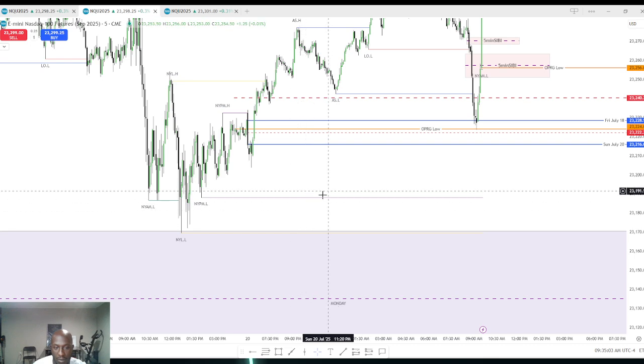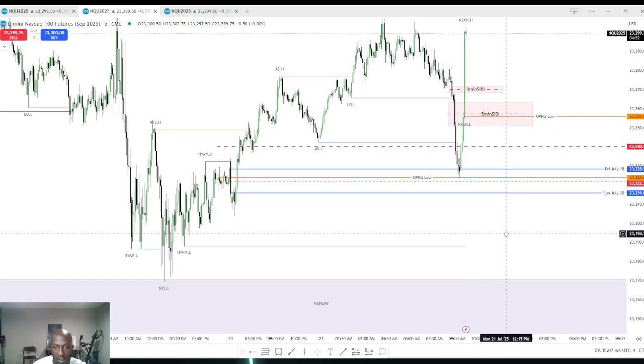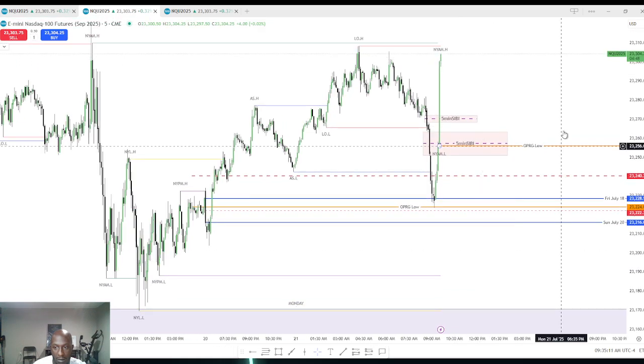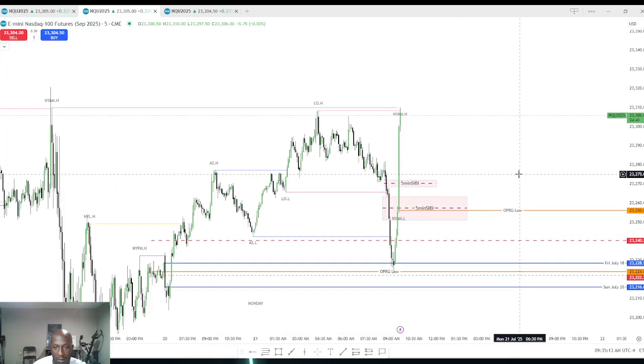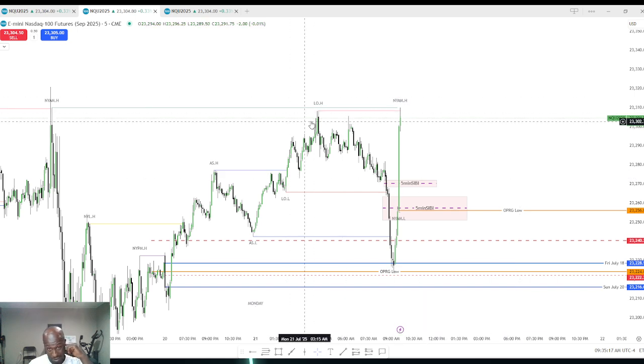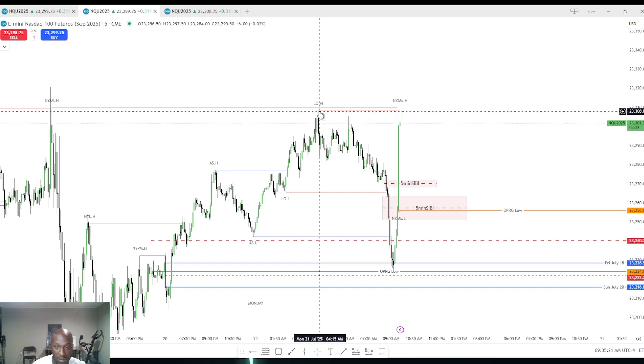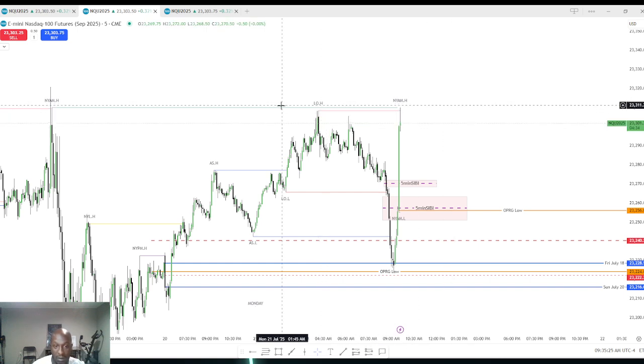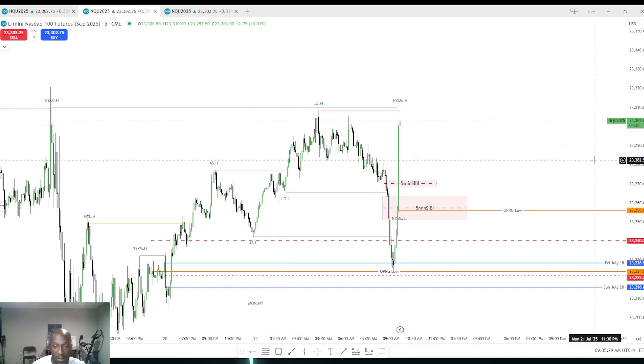You got the New York PM low, the New York lunch low from Friday. So we just ran the London high from this morning. See if we can get the New York AM high from Friday.